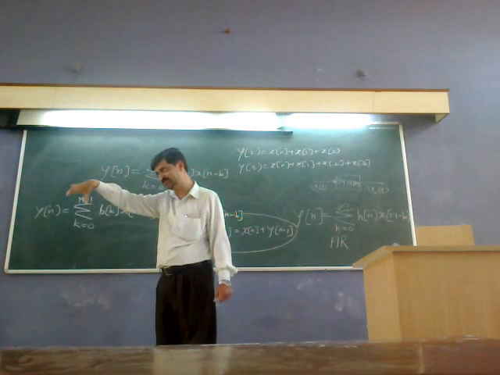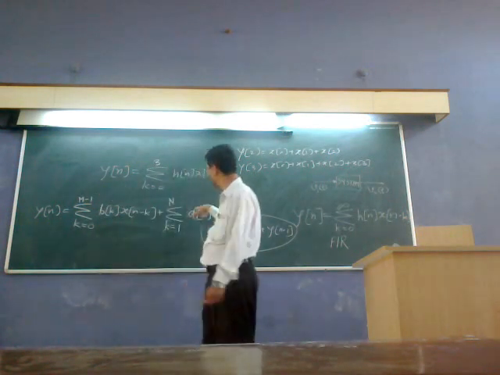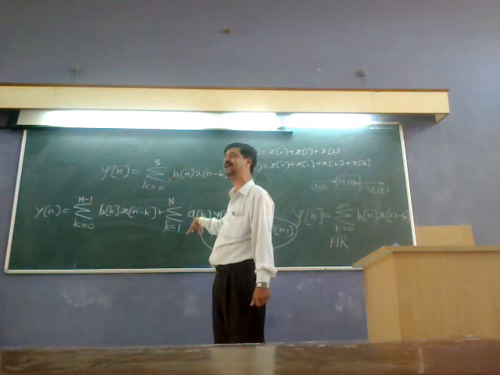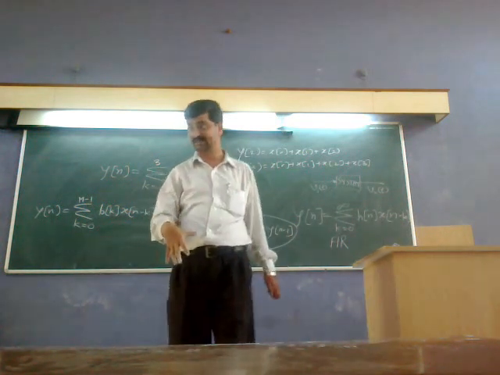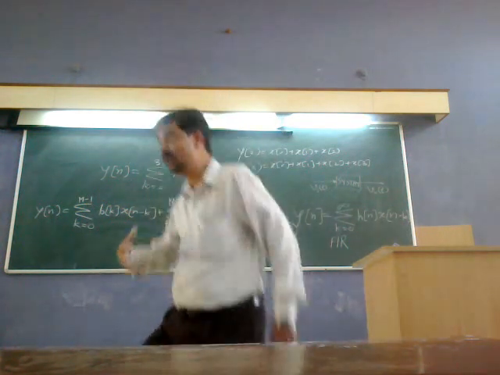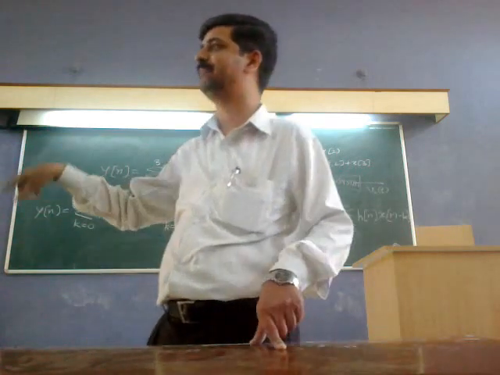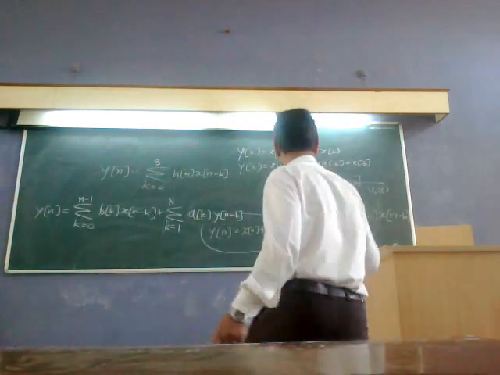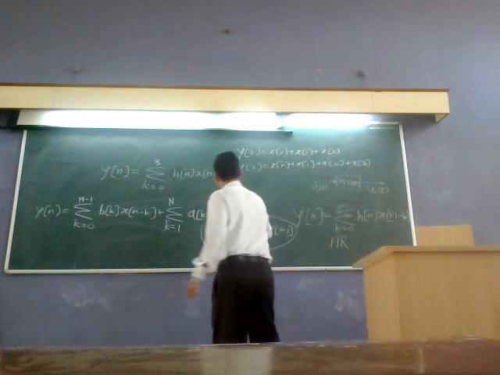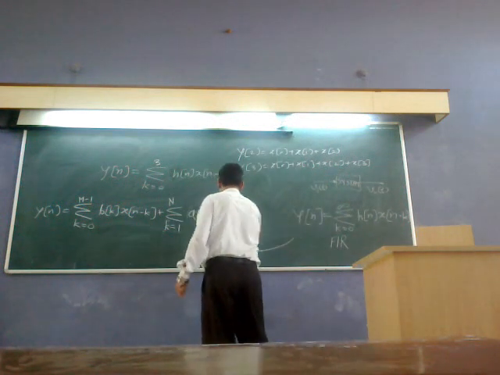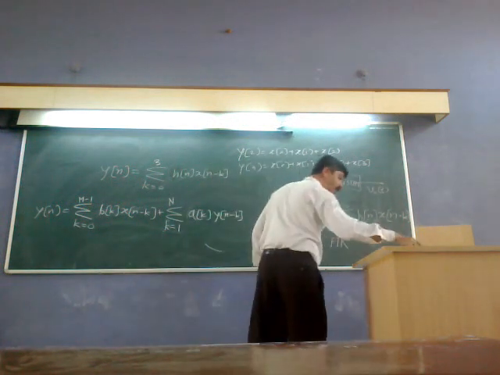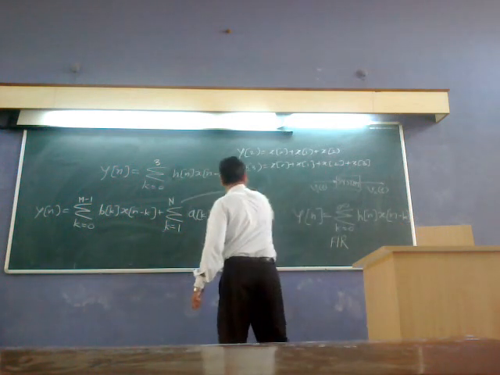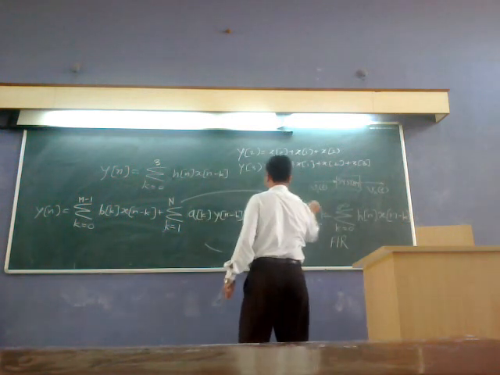But with at least one non-zero ak, I achieve the same effect without infinitely computing things. This can be a finite term representation of the infinite term equation. These two are equivalent.